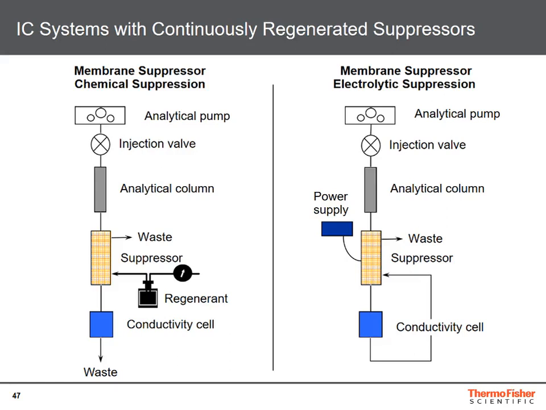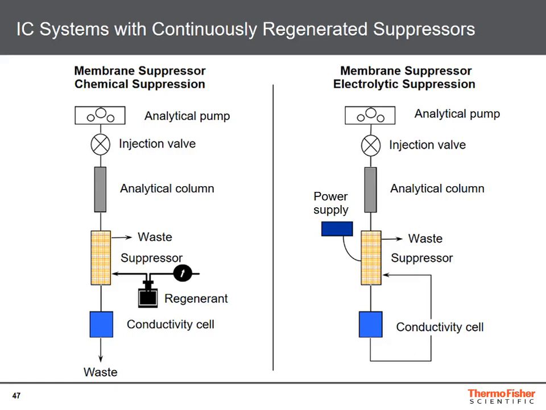The advantage of chemical suppression is that we get the lowest possible noise of typically less than 0.2 nanosiemens per centimeter. Those suppressor devices are solvent compatible, they are temperature stable, and therefore can be used for almost all kinds of applications. The only problem, we need a chemical regenerant.